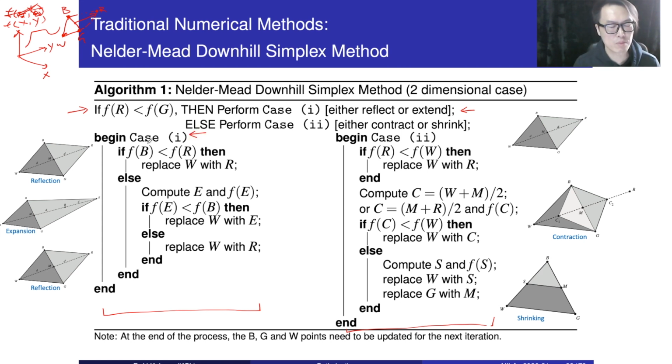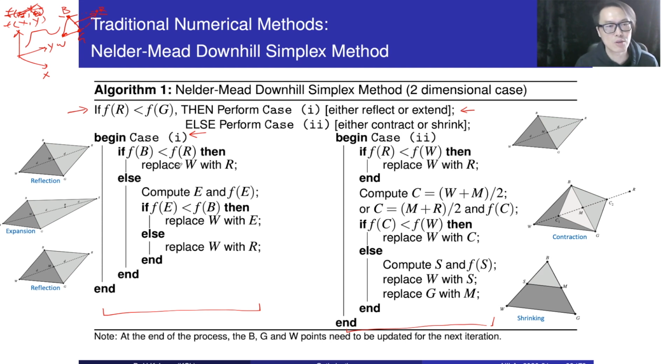In case 1, first we check whether the cost of R is larger than B or not. If it is larger than the best point, although the reflection point is better than average, it is not better than the best point. It is okay but not good enough.